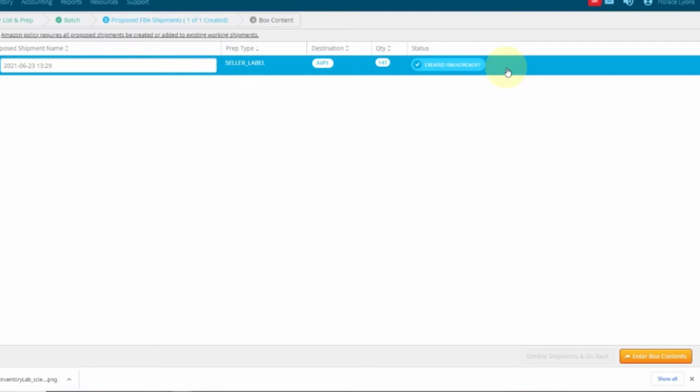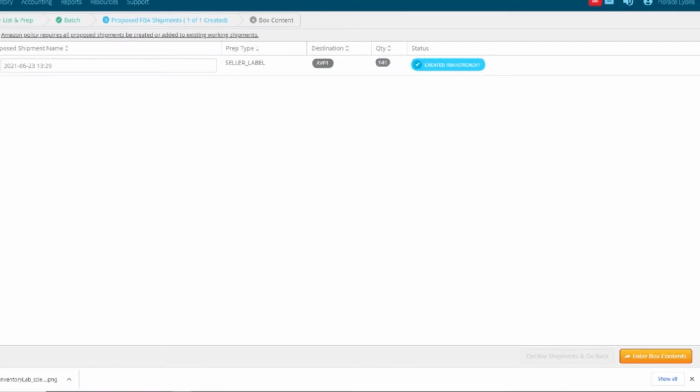Now here's what you're going to notice. Well, I'll show you later. What I was going to show you was eventually you do have to go into Seller Central. At some point, you must go into Seller Central to finally print the box labels of the boxes once they're all packaged up and ready to go out with the carrier.